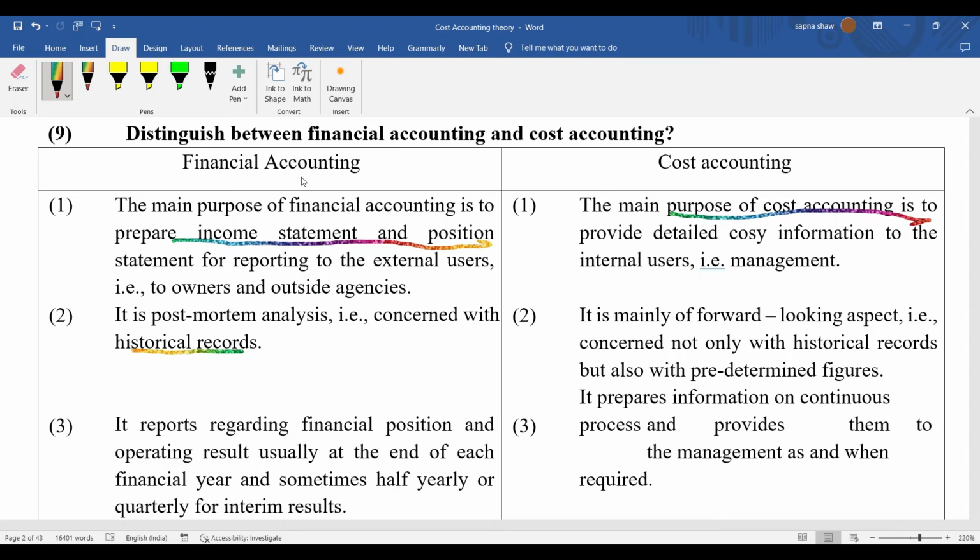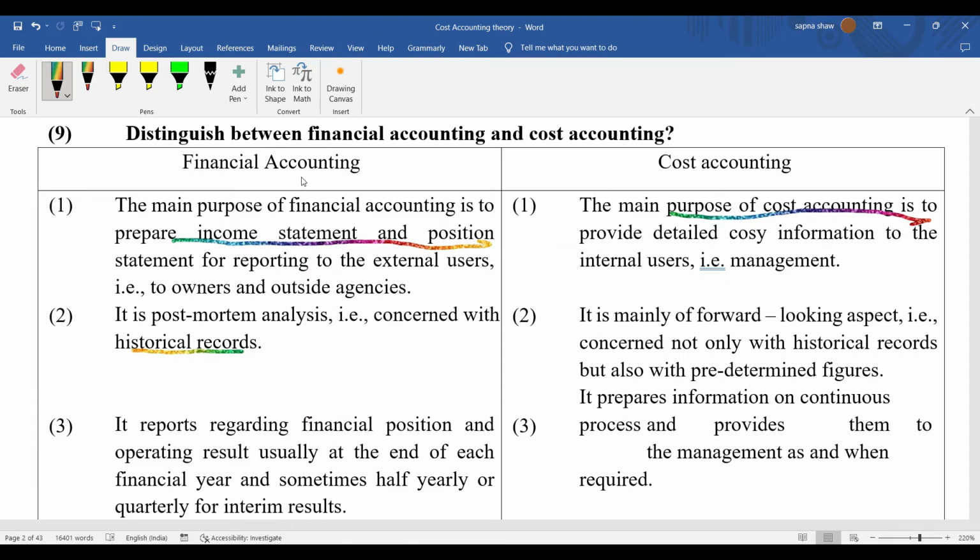When they are preparing the balance sheet and the P&L, all these transactions have already happened.